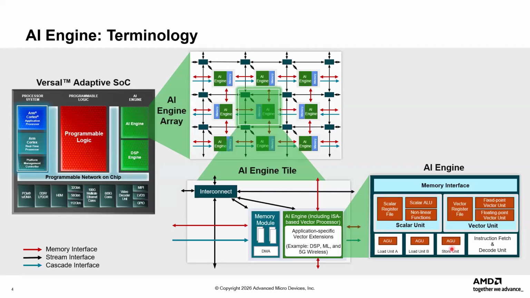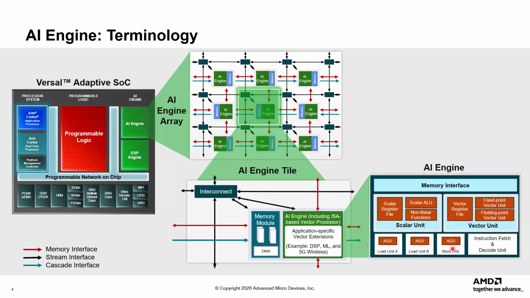Because this is a pipeline execution, all of these can actually happen on the same clock cycle. So I can be reading in new data. I can be performing some vector manipulation or multiplication on the previous data. I can be writing out the previous results.